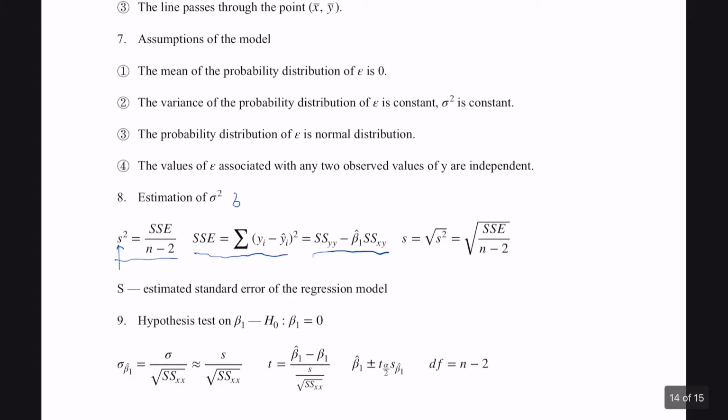So therefore, you have to find the right S to apply into the formula.